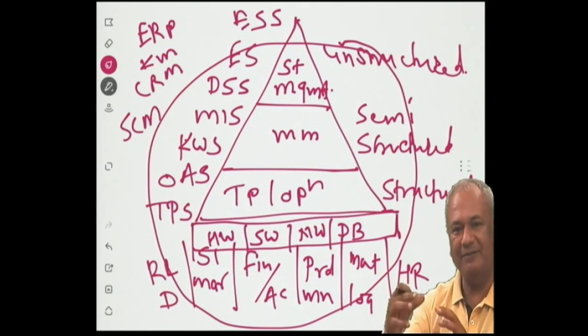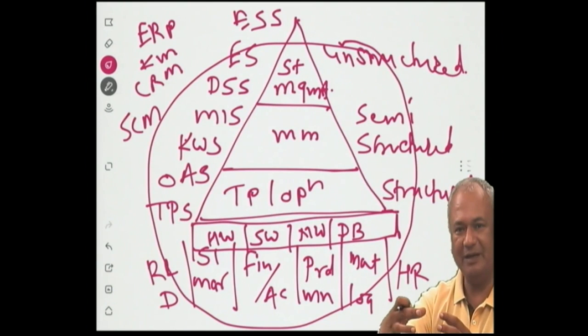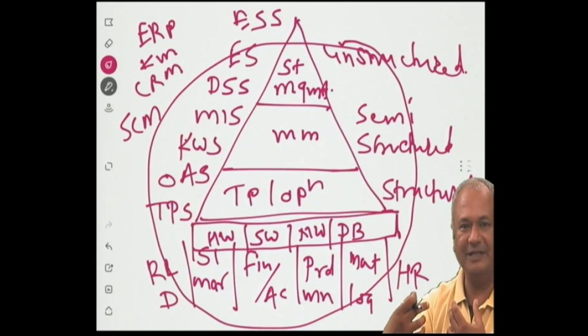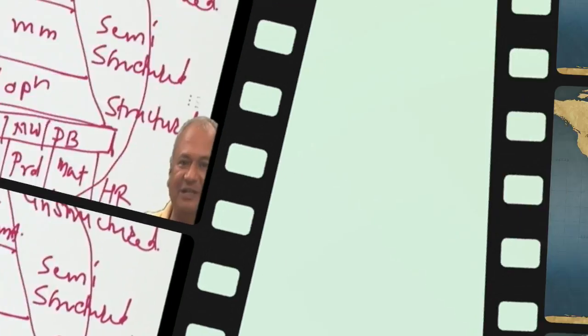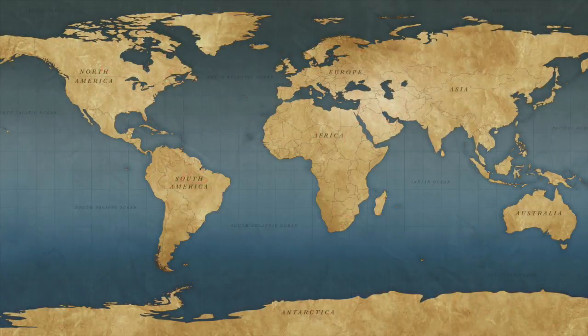So probably you have data in one data warehouse somewhere, and all these functional processes are pulling data and using it for decision making. I hope this picture gives you the overall idea about the organizational structure, how IT infrastructure is used to support different functions, and how different systems are working at different levels. Thank you.